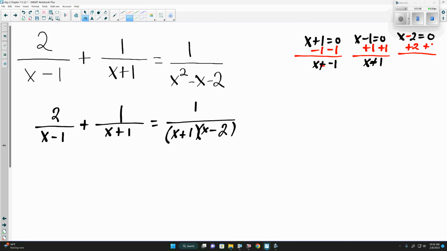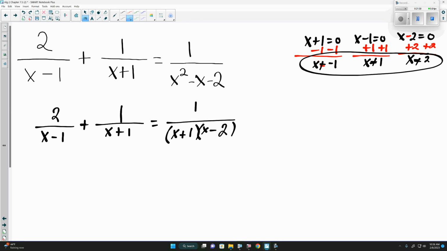And lastly, we can add 2 to both sides, telling us x cannot be positive 2. So the 3 values of x we cannot have are negative 1, 1, and positive 2. Questions on this here so far?